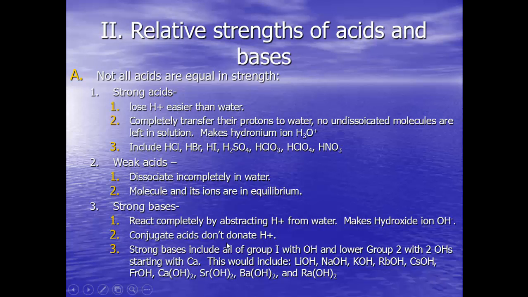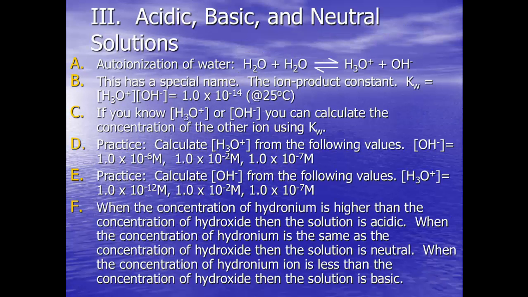So your strong bases include all of group 1 with OH and lower group 2 with OH, starting with calcium. So that would include lithium hydroxide, sodium hydroxide, potassium hydroxide, rubidium hydroxide, cesium hydroxide, francium hydroxide, calcium hydroxide, strontium hydroxide, barium hydroxide, and so on.